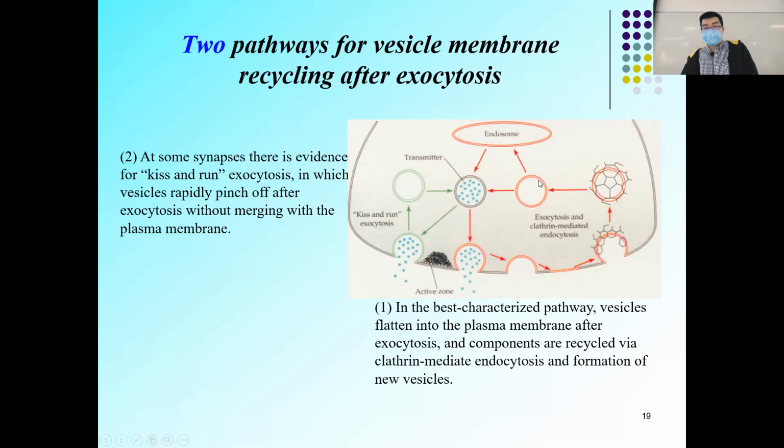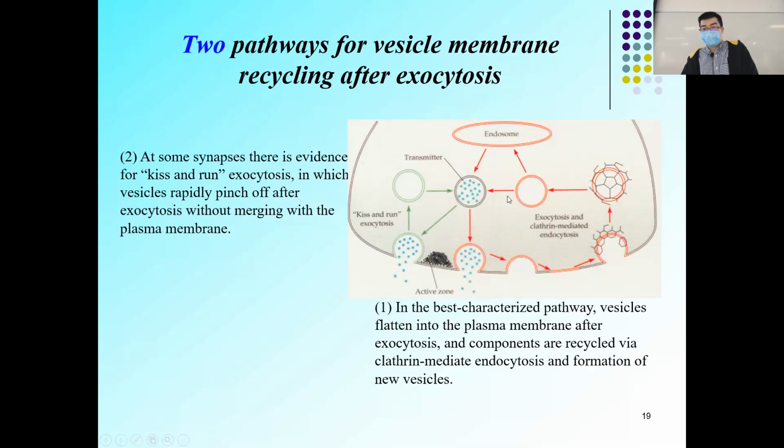Just like this, and then also, as I mentioned, kiss and run, and kiss and stay. Those are the ones that I mentioned already. Now the vesicle can go back to the endosome, as we talked about. Some of those go directly back to fill up the neurotransmitters.